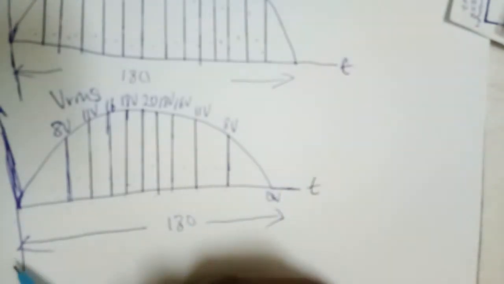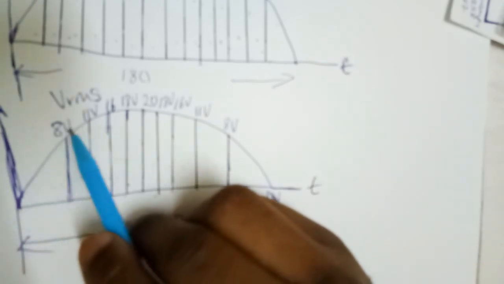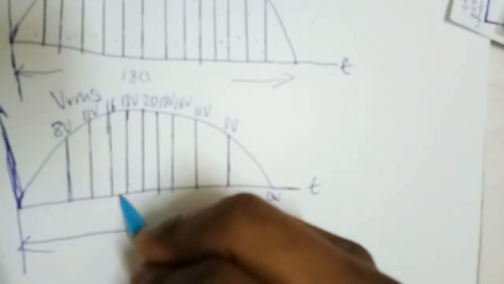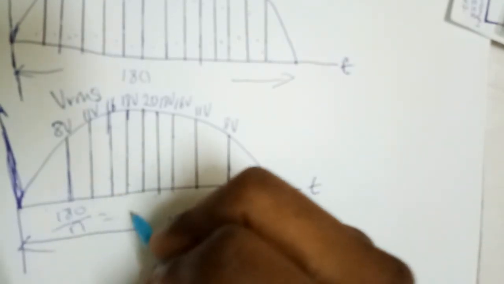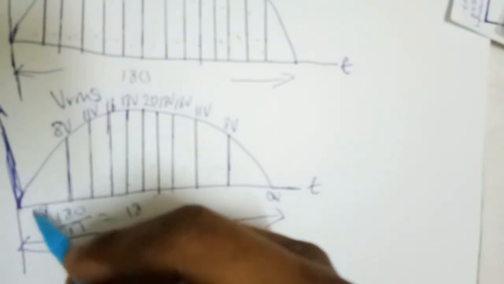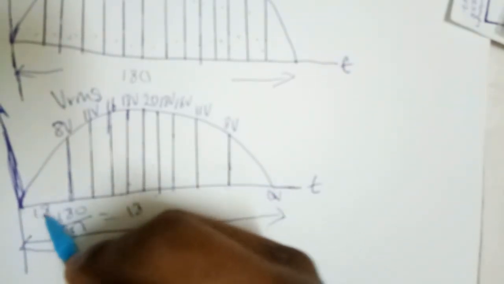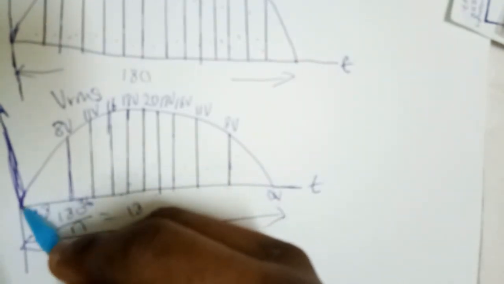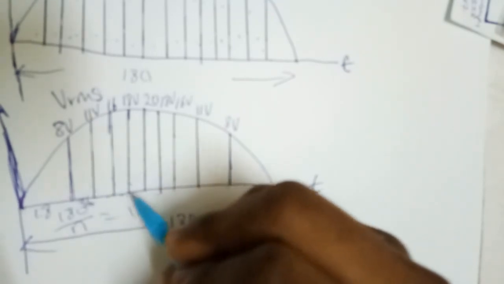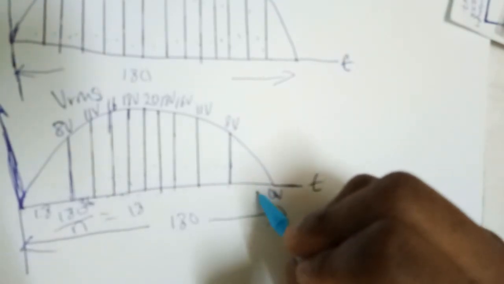As we have divided it into 10 parts, to get here and here and here, all you do is 180 over 10, equal to 18. Here is 18. From here to here is 18 plus 18, 36. Keep adding 36 to all these until you get here.